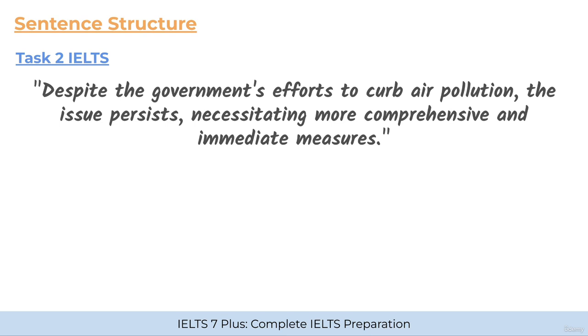Another one, despite the government's efforts to curb air pollution, the issue persists, necessitating more comprehensive and immediate measures. We've got interesting use of commas here. We've got another interesting word, despite. What do we think about this one? Well, I would say this is a compound, complex sentence.